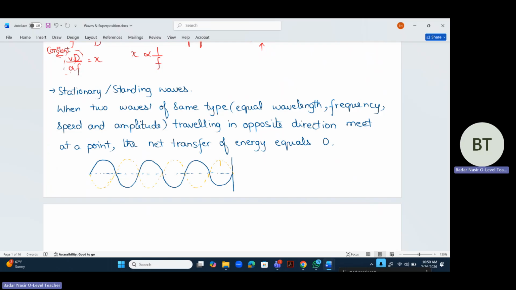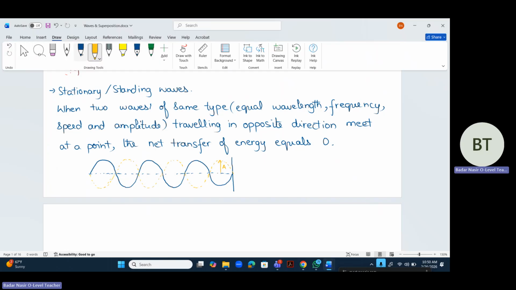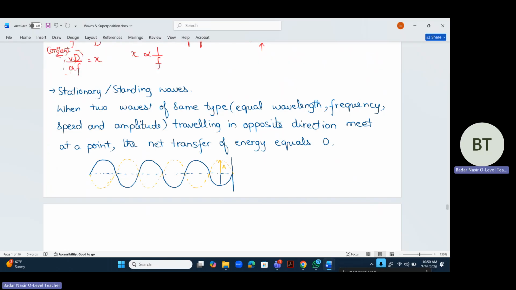And why? Because when this wave has a positive amplitude, the other wave has a negative amplitude. So if I add their amplitudes together, the amplitudes will cancel each other out. The resultant wave's amplitude will be zero, which means that the net transfer of energy will be zero.